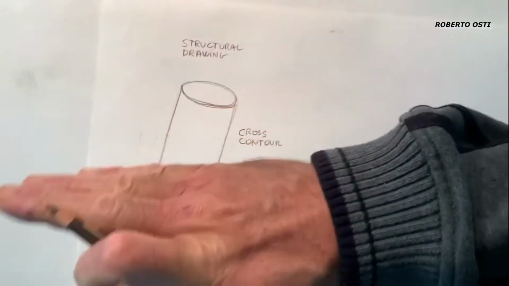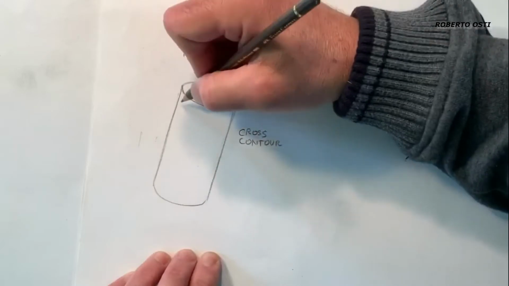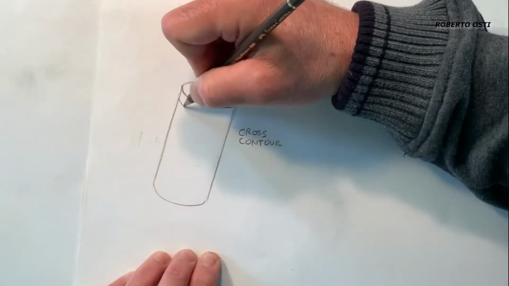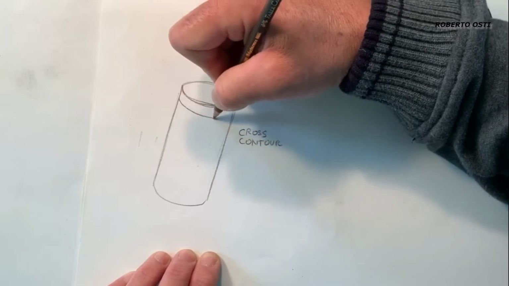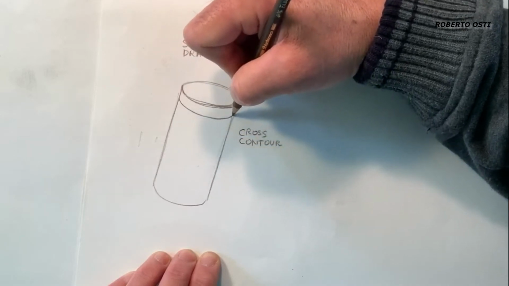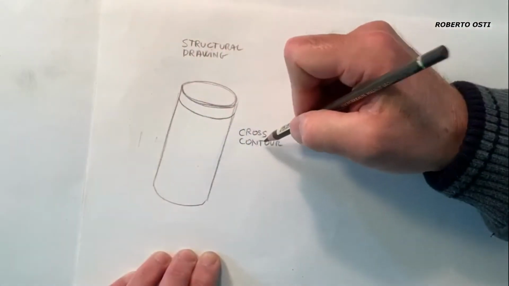We're going to slice the cylinder like a salami, and these slices give me the line of contour of the form, and this line goes across the form. That's why it's called cross contour.